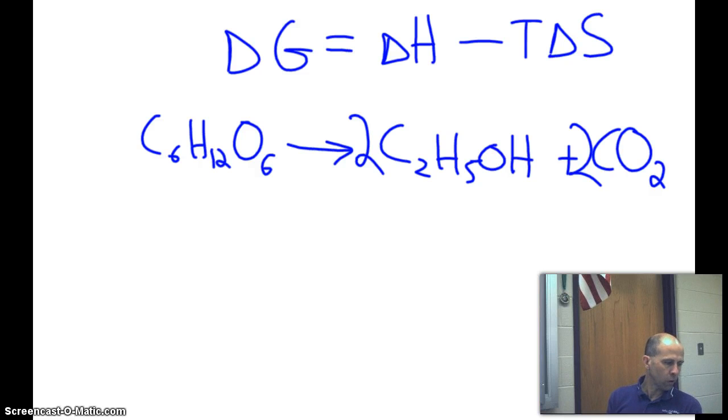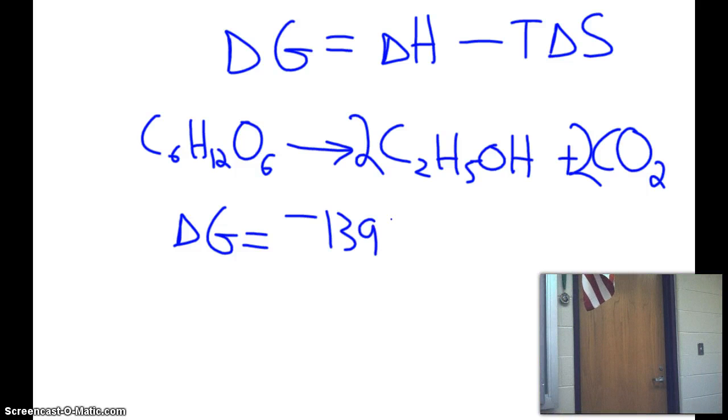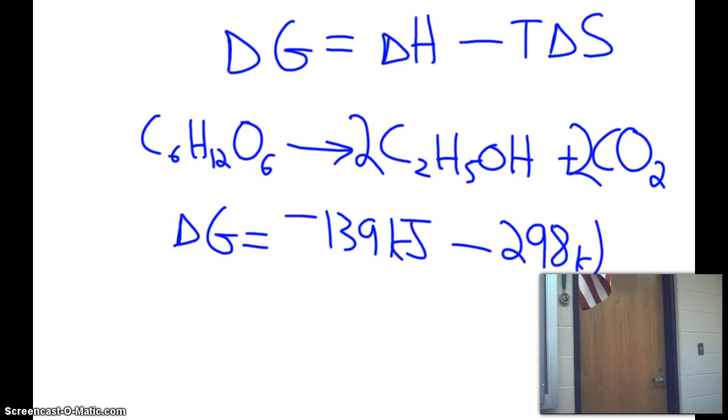So we just are going to have to plug in here, and I like to do it this way on the units, okay? I'm trying to find delta G. The delta H that was given in kilojoules, I will often leave it that way. It's a negative 139 kilojoules minus, now I got to be careful here, T has got to be in Kelvin.